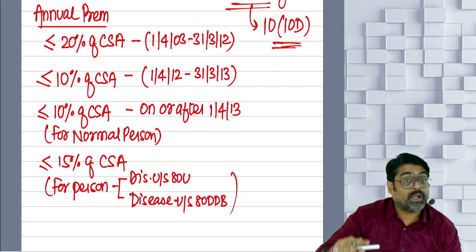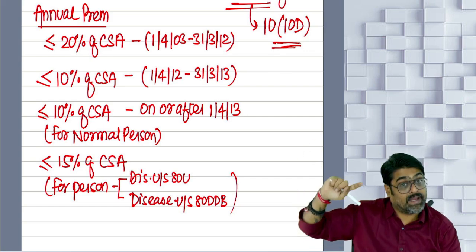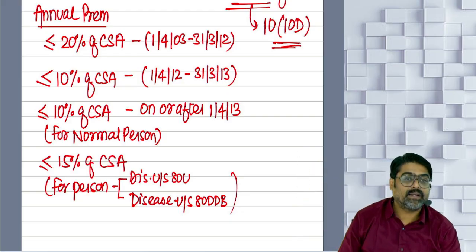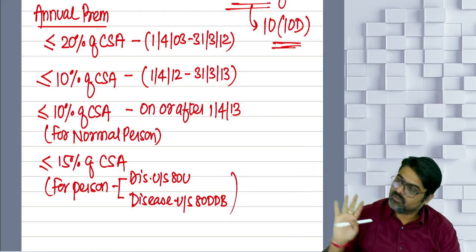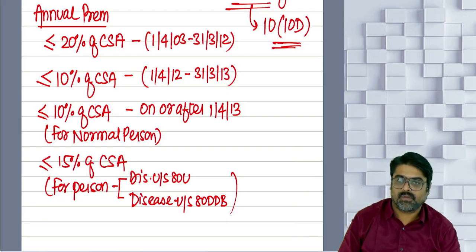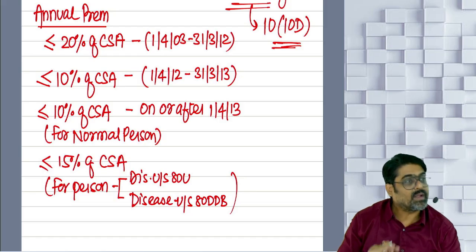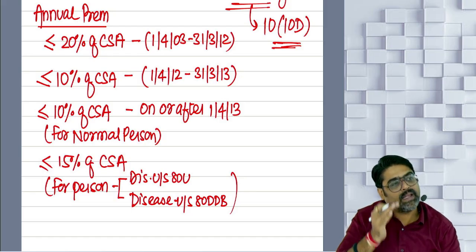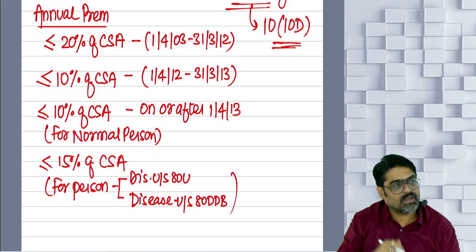Only then the maturity proceeds of such policies will be exempt under section 10(10D). This much return we allow, but a return beyond this we will not exempt under 10(10D). What if the premium for any year is more than this limit?